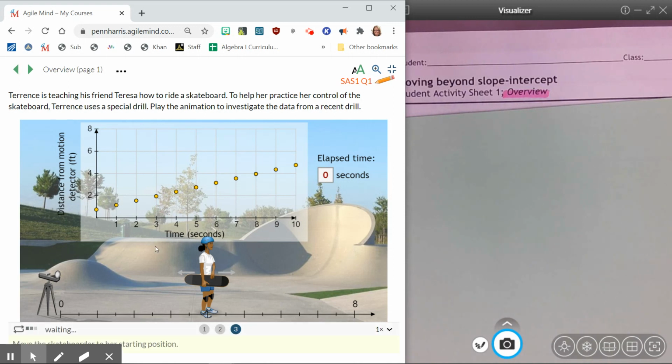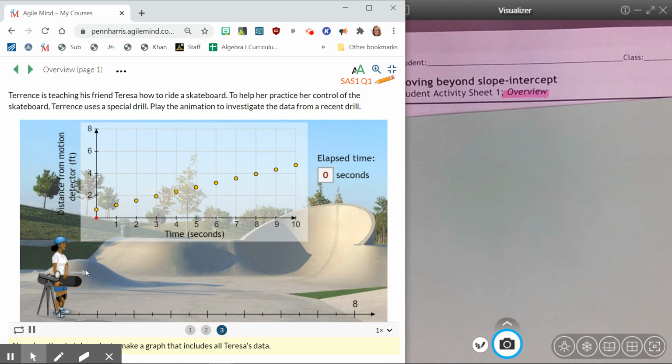So again, this is Teresa, and Terrence is going to teach her how to skateboard. I want you guys to look at this. They want us to take Teresa and decide where to start her and see if we can create a graph to match this. So I'm going to do a couple things here. I'm going to take her all the way back to the beginning, right? We all think that we have to start at 0.